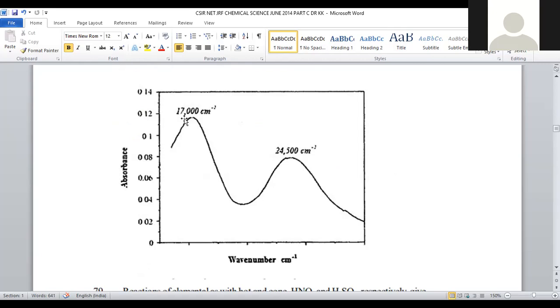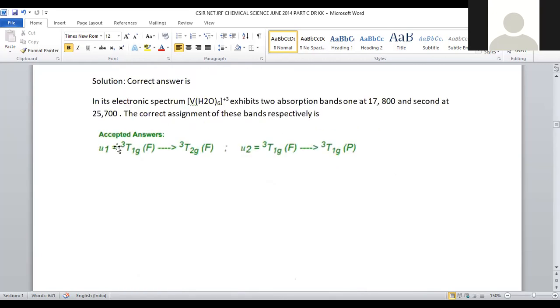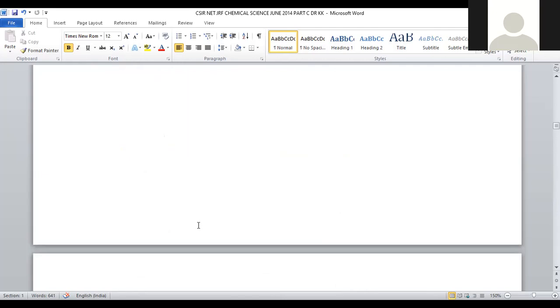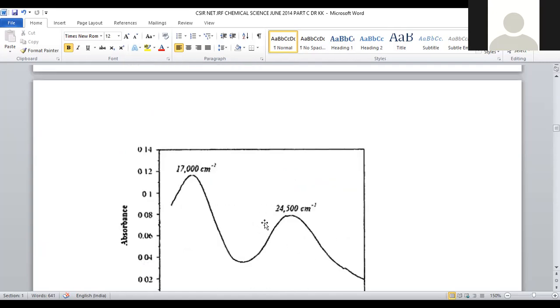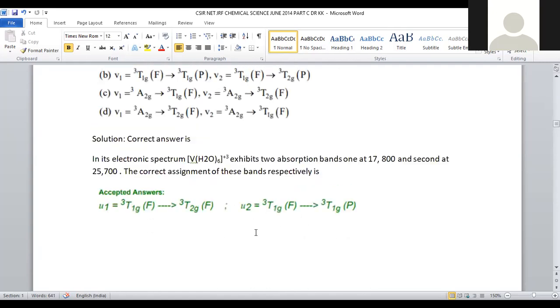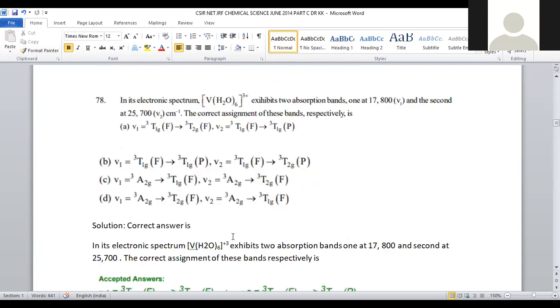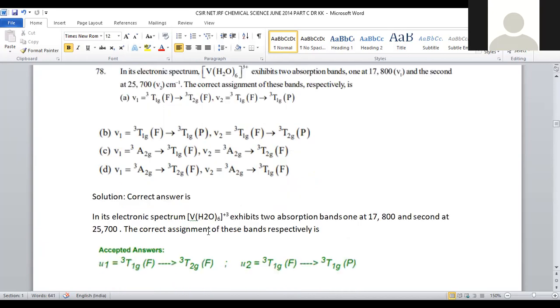One corresponds to 17,800 for the first signal, so 3T1G to 3T2G, and the second one belongs to 3T1G F to 3T1G P, that is at 25,500. So this is the data collected from an NPTEL lecture, and 3T1G F to 3T2G F, 3T1G F to 3T1G P, that is available in the option number 1, right?